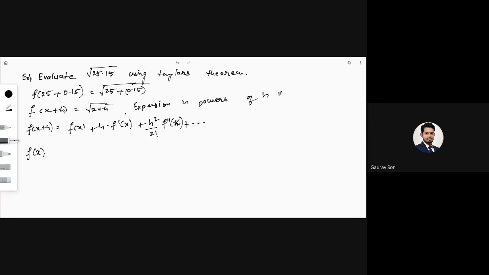What is f of x? Is equal to under root x. So f of 25 is equal to 5. F dash of x is equal to 1 upon 2 root x. So f dash of 25 is equal to 1 by 10, which is 0.1.